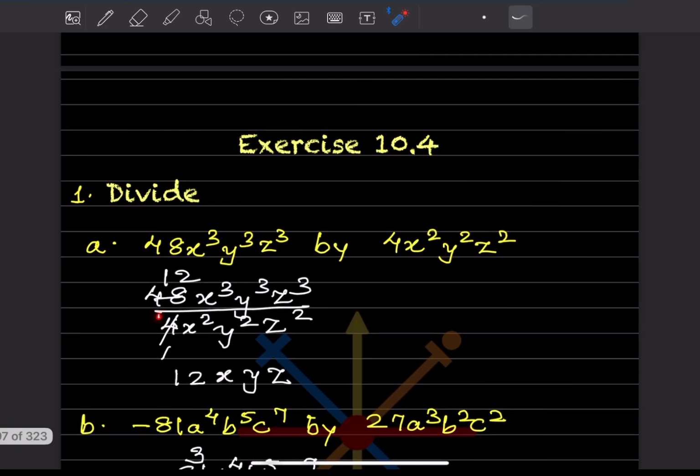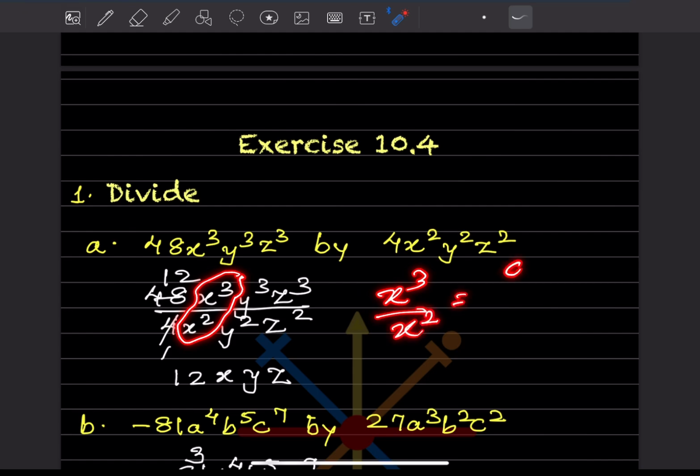Here, if we do it this way, it's easy to simplify this divided by this one. So 4 ones are 4, 12s are 12. Now let us see for x. You know the exponents: x raised to 3 divided by x raised to 2.